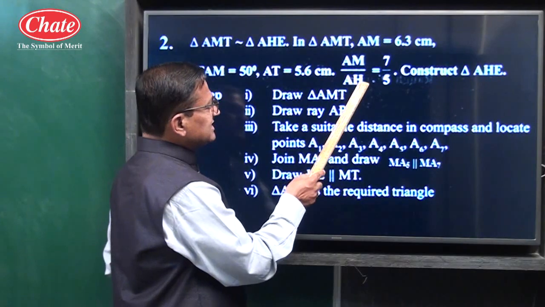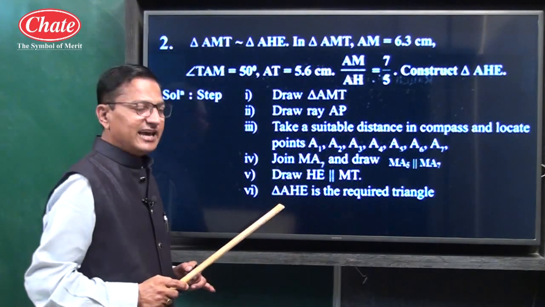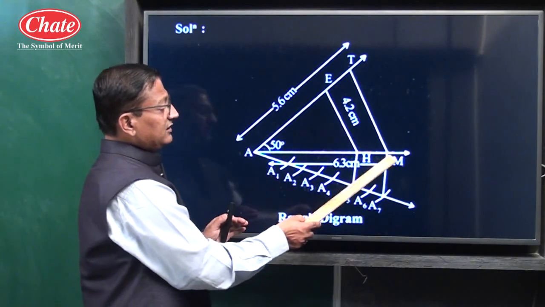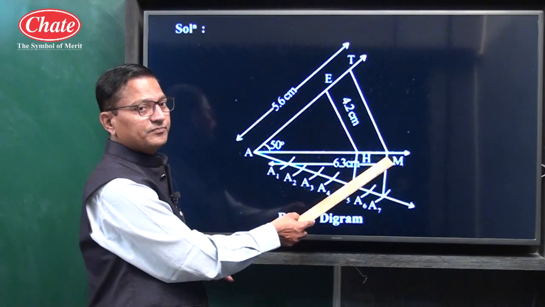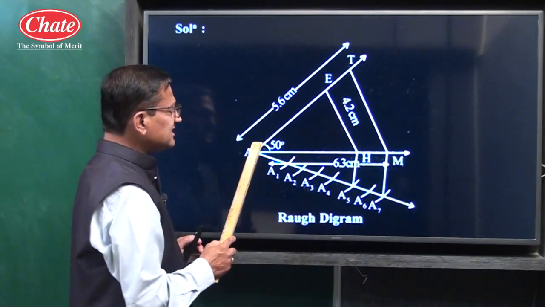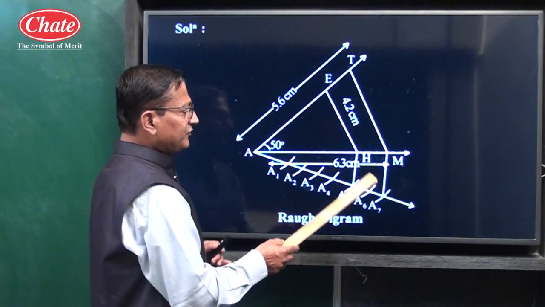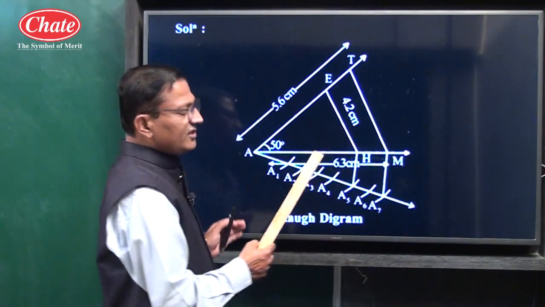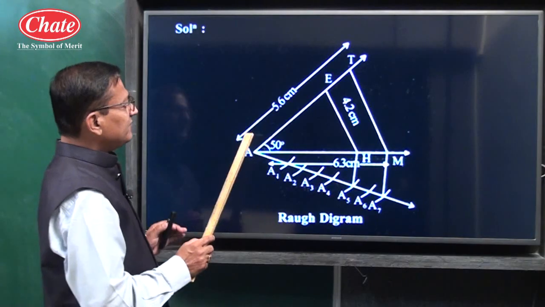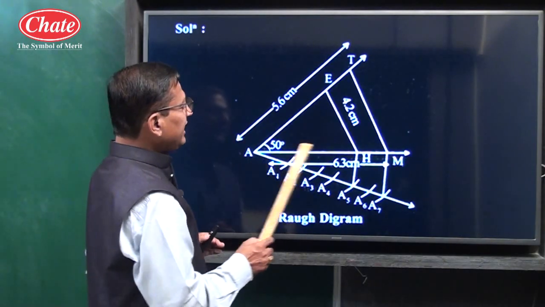Distance AH is less than distance AM. Therefore, H is on the left hand side of M. AM is the greater distance and AH is less. So, here first we draw AHE.